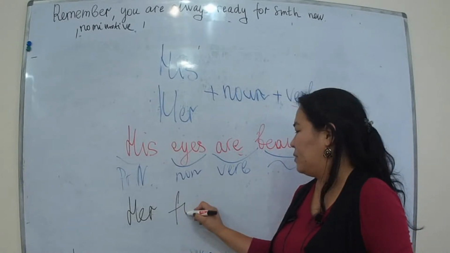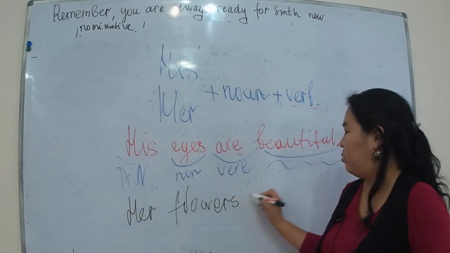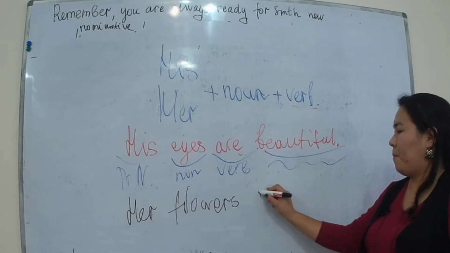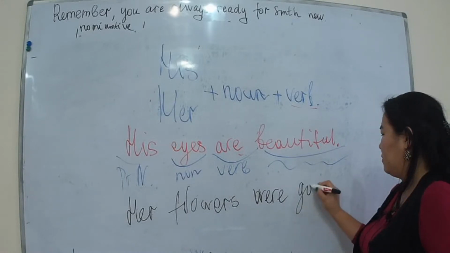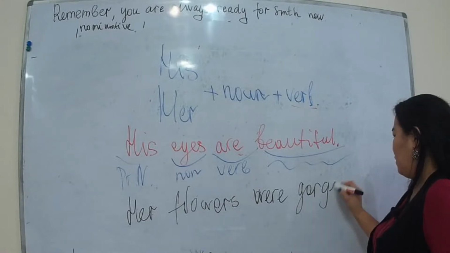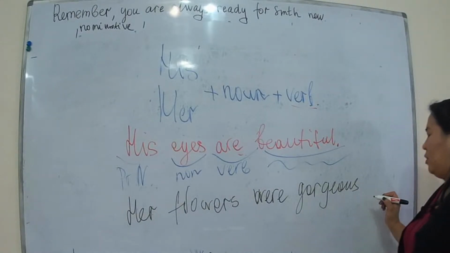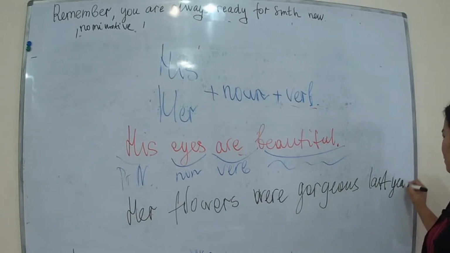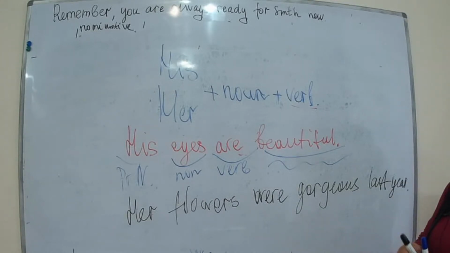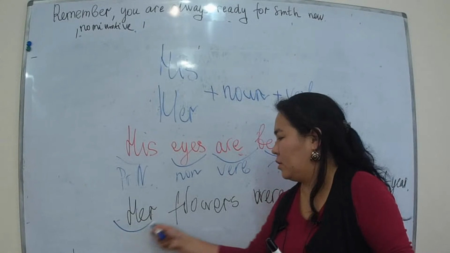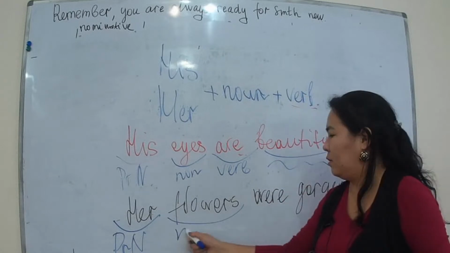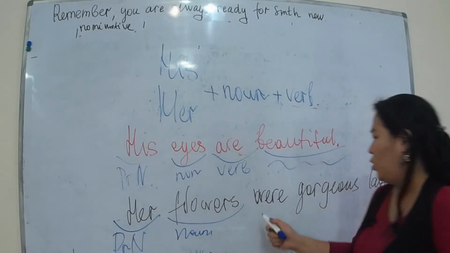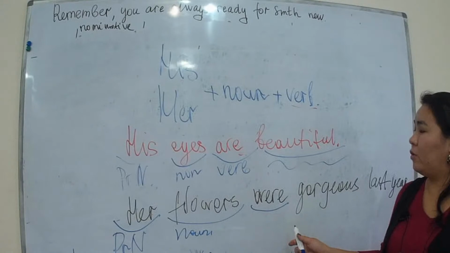And the same we can say with using her flowers. Her flowers were George's last year. So here we can see that we have the logic. Her, it is the pronoun. Flowers, noun. Were, it is the verb in the past simple.